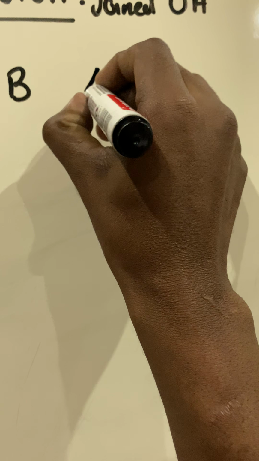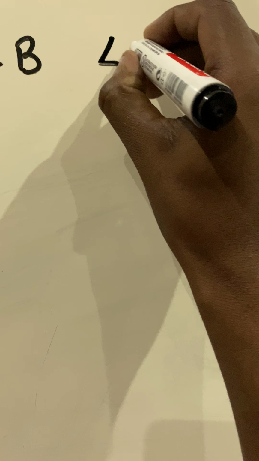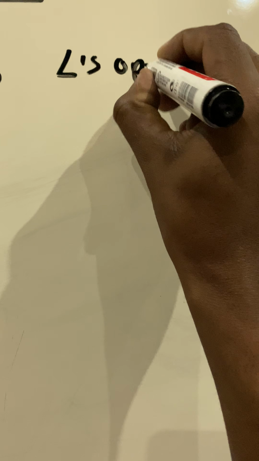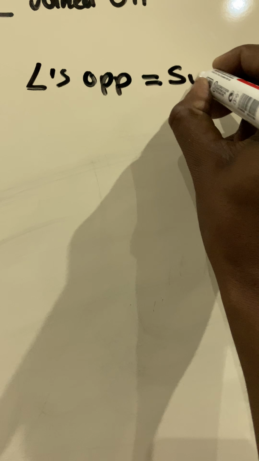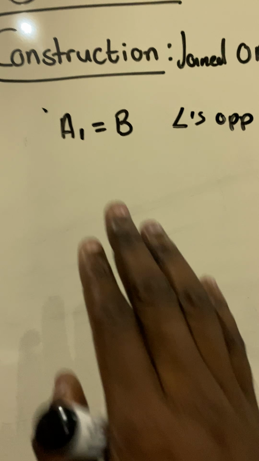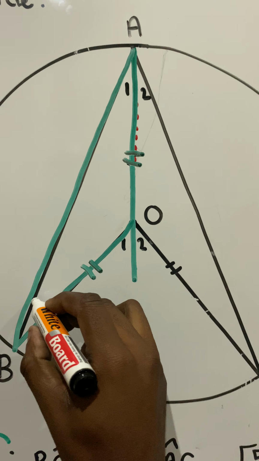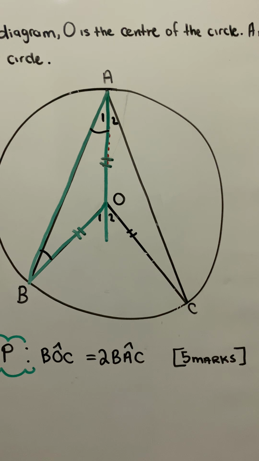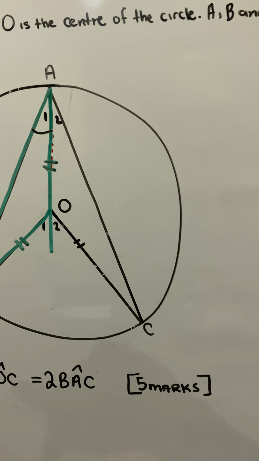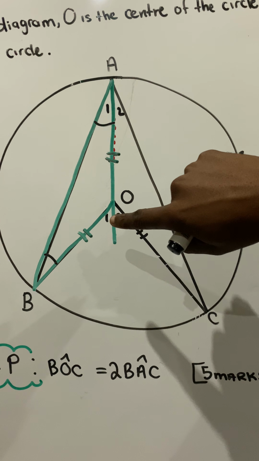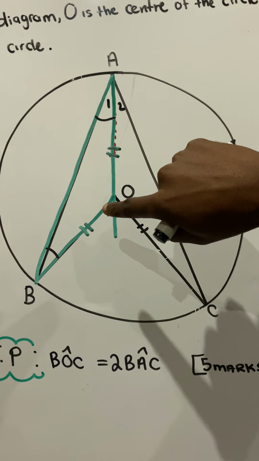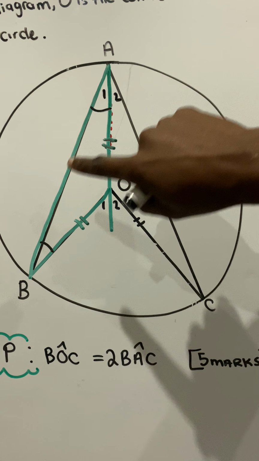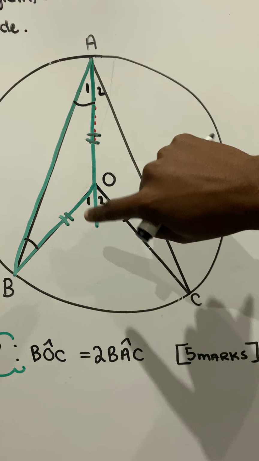So the reason here will be angles opposite equal sides. So we just said this one and that one are equal. Number 2, what do you notice in this triangle? If you just look at O1, O1 is not inside the triangle, right? O1 is on the outside of the triangle.